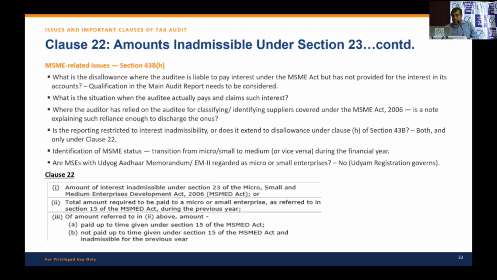Because in 3B, you are only reporting the amounts which are inadmissible, and inadmissibles are the amounts which are outstanding at year end and not paid within 45 days. So be careful while what you are reporting in 3A and 3B. The normal reading appears that 3A plus 3B should be equal to 2, but that's not the case. One will have to be careful in reporting. I think this is one important thing which we should be careful about while we are reporting in clause 22.